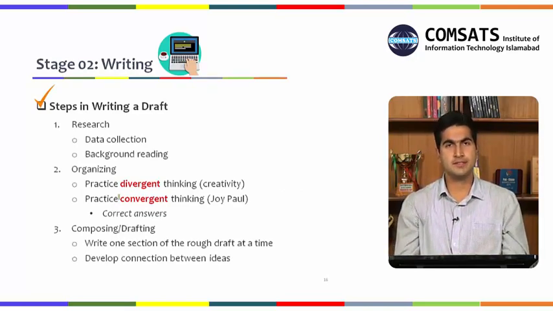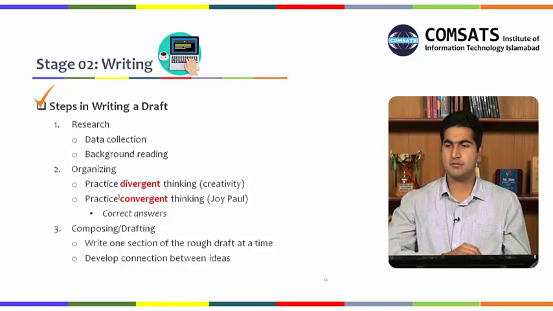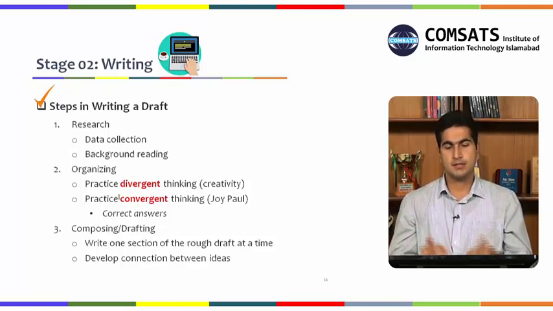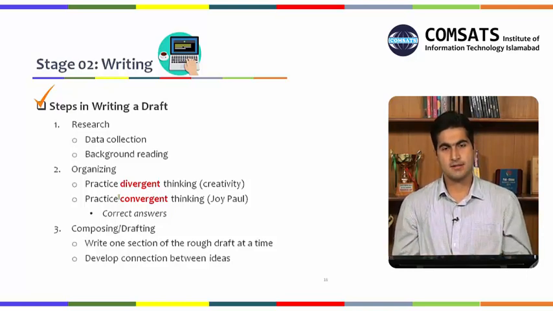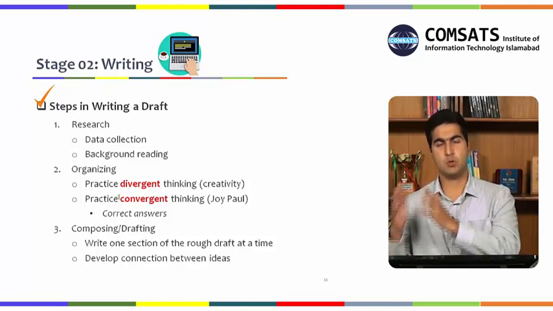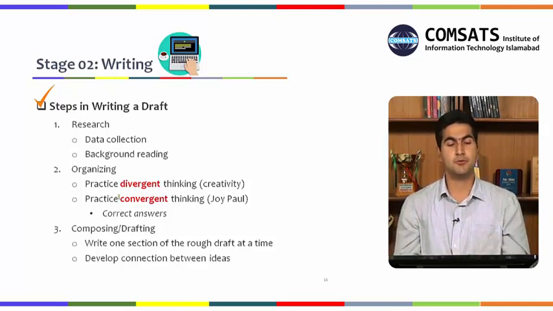Now coming towards the steps to follow for this drafting, because it's not something that you just start in this writing form. No, it's based on an exercise, and that is how you do it, starting from research. This is like a quick overview, then we'll go to the detail of what we basically have to do.